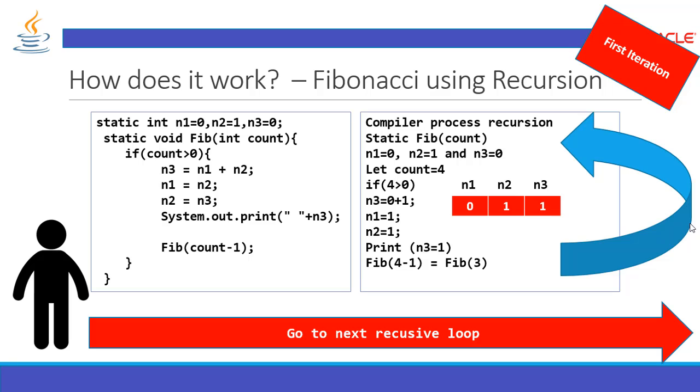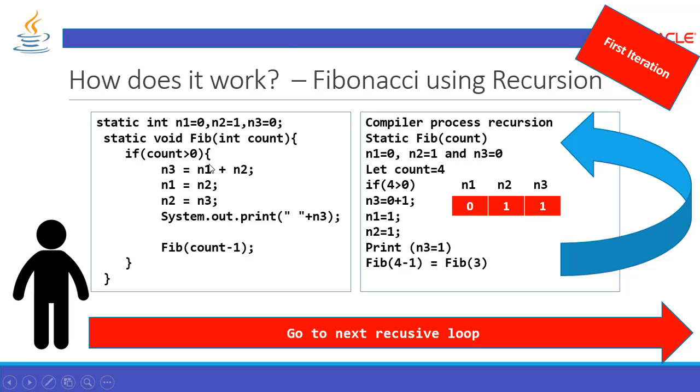There is another kind of iteration control statement called recursion. So, Fibonacci using recursion. Before we start, you have to understand what recursion is. Recursion is nothing but a self-calling, automated iteration loop. If a method calls itself within its own body, that is called recursion.